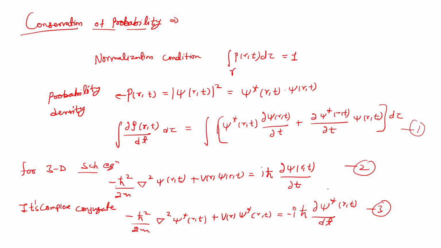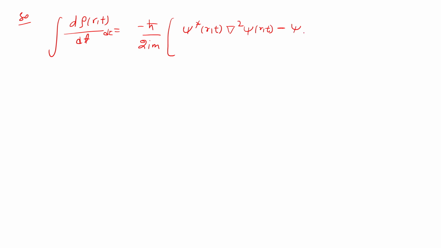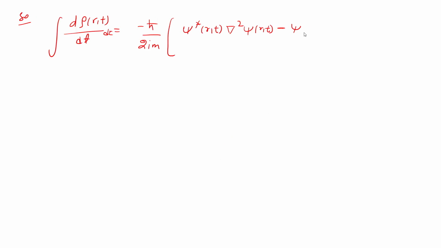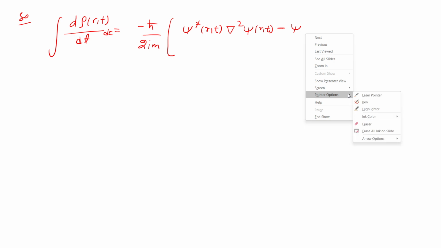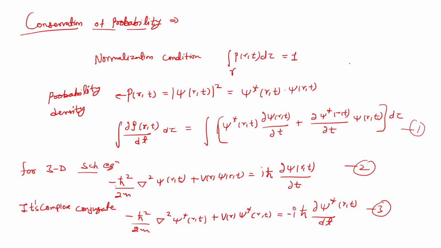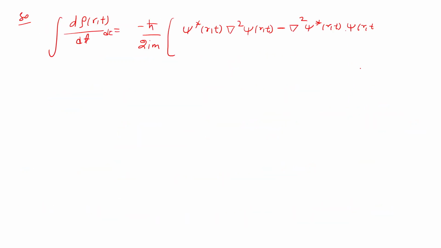Now inside we have psi star(r, t) and psi(r, t). Sorry, del psi star over dt is del square psi star(r, t). So we have minus del square psi star(r, t), and then we have psi(r, t) separately, and then d tau.